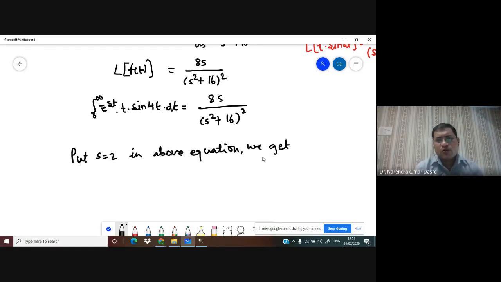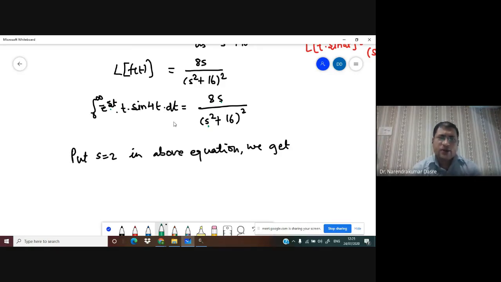The most important thing is that whenever you are replacing s, you have to replace it at all places, on the left hand side also and on the right hand side also. If you replace at one place only, then you won't get full marks. Though your answer will be correct, you will not get full marks, so you have to be careful.